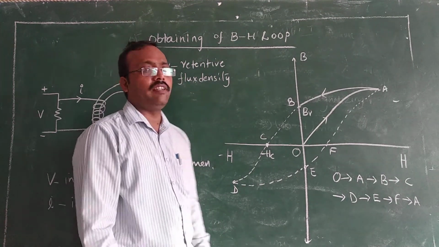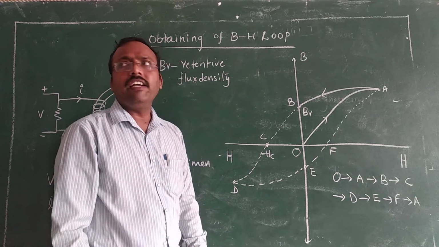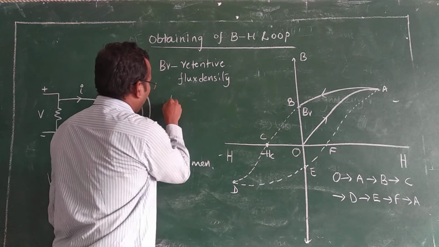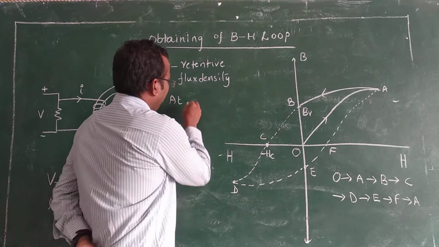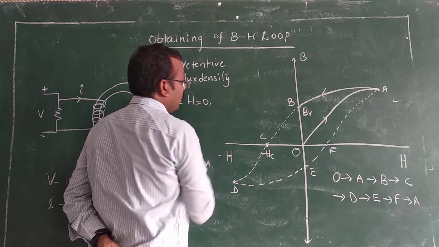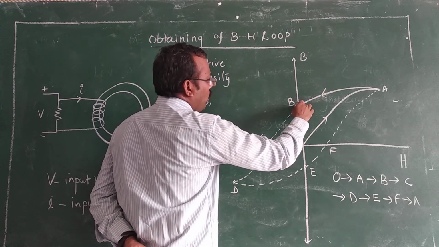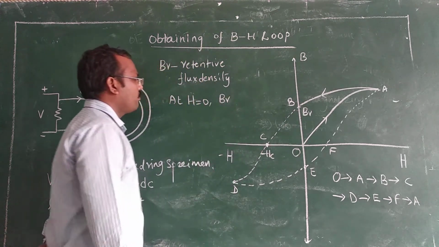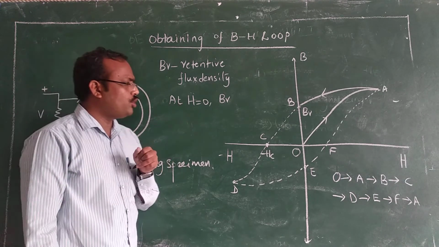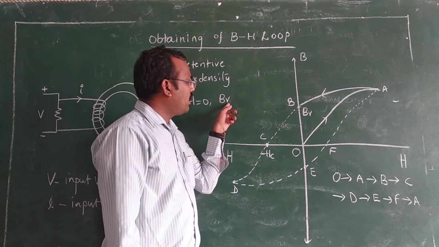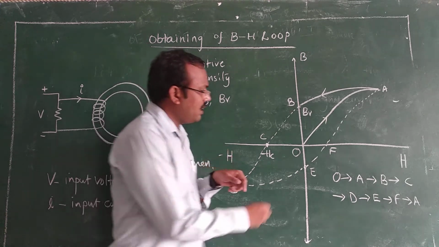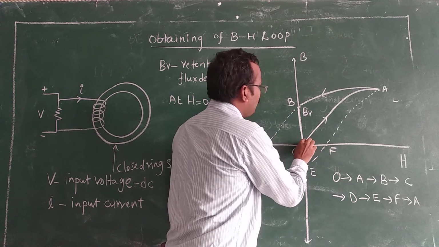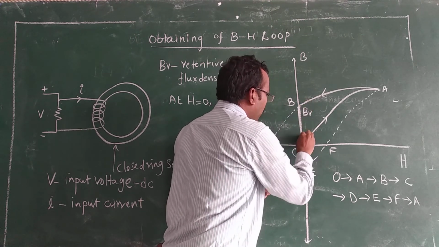So what is the necessity here? How do we identify a permanent magnet material? As I already told, at H equal to 0, the value of the flux density is called Br. Where H is 0, the corresponding line from this point to this point is the permanent magnet material.